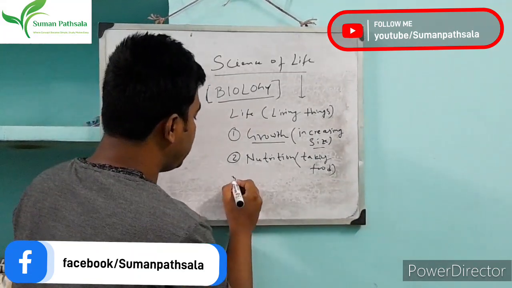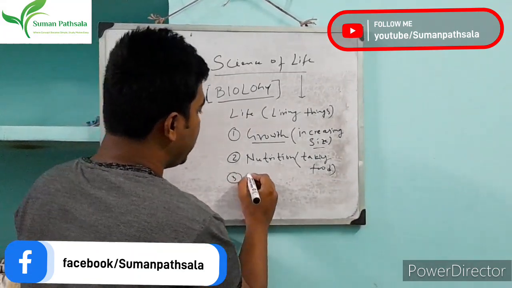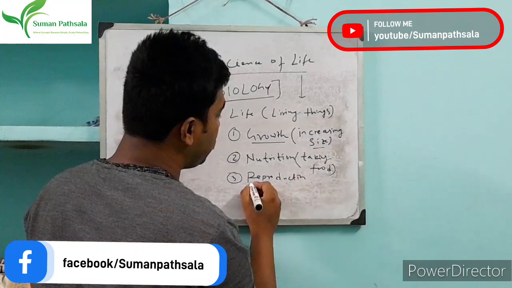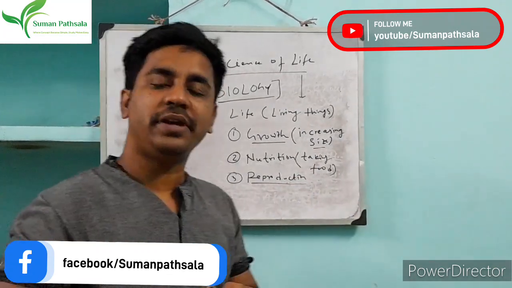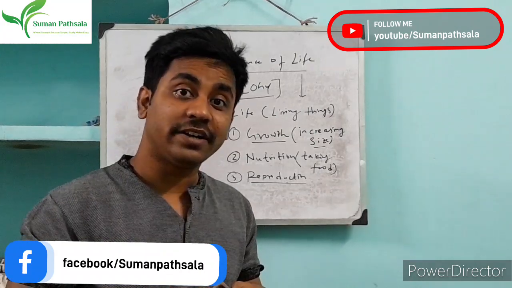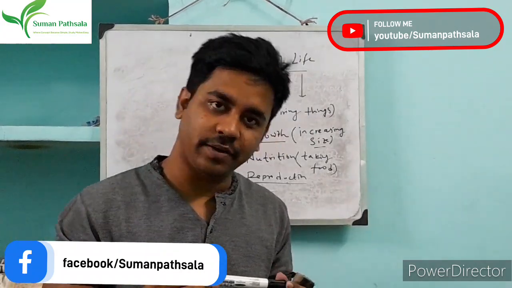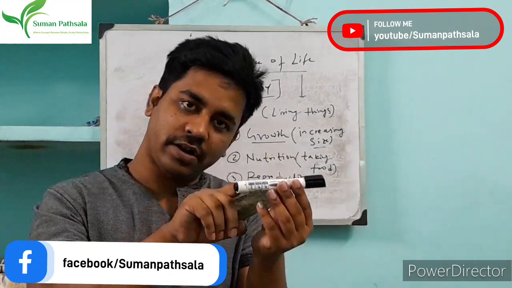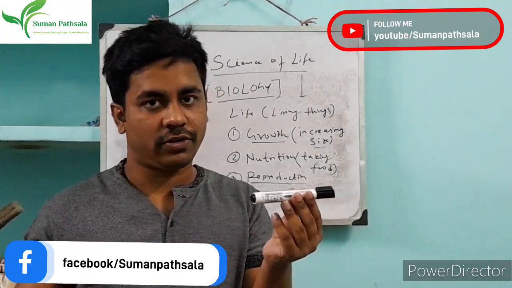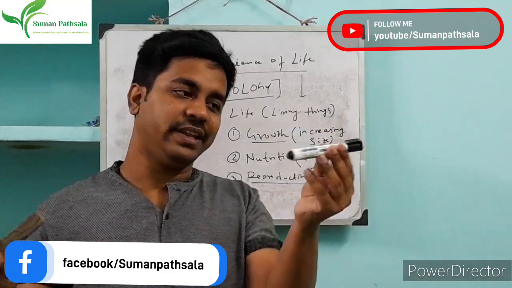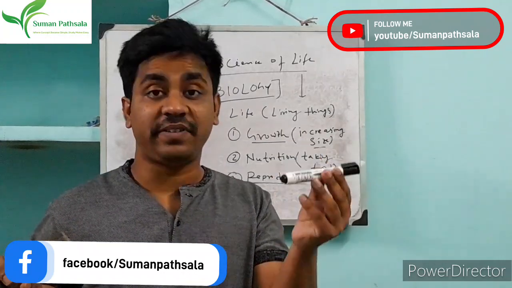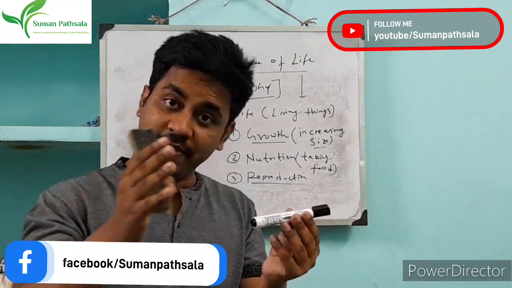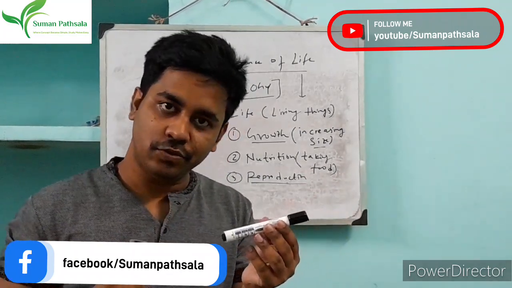Third point is reproduction. This is a very important point. Reproduction means what? Suppose I give you an example. This is a marker pen. From that marker pen, is a new marker pen formed or not? Not, because this marker pen doesn't have the capacity to reproduce a new marker pen. Do you have the capacity to reproduce a new you?